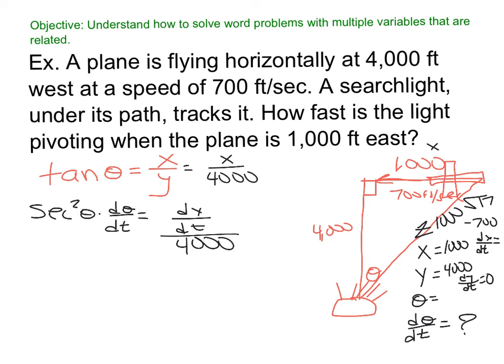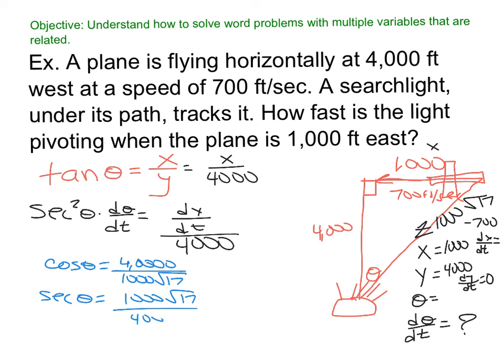So cosine of theta, all right, I'm going to do this in blue because I don't want to have to find the angle. So cosine of theta, here's theta, is adjacent over hypotenuse, so 4,000 over 1,000 root 17, which means secant is 1,000 root 17 over 4,000.